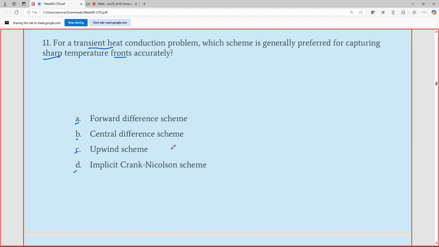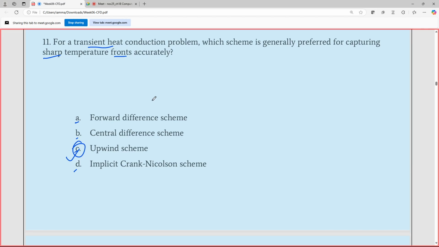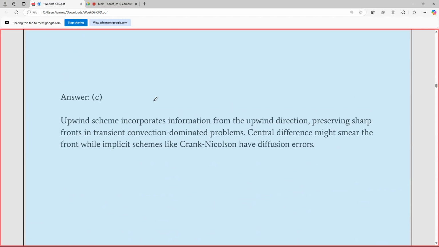Our answer is option C, that is upwind scheme. So upwind scheme can incorporate information from the upwind direction, preserving the sharp fronts in the transient convection dominated problems.